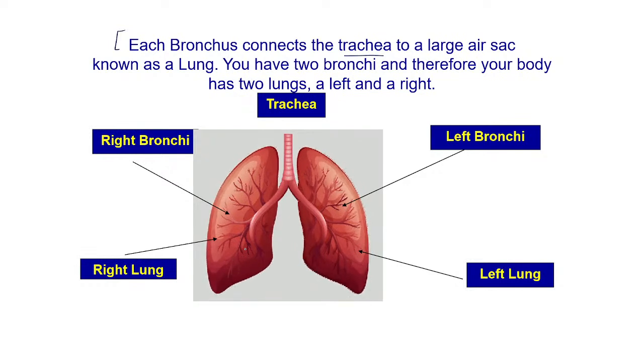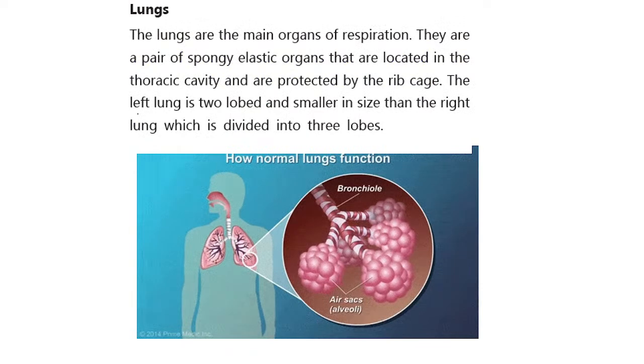So we have the left lung and the right lung. So what are lungs? Lungs are the main organs for respiration. They are the main organ where the actual exchange of gases takes place.